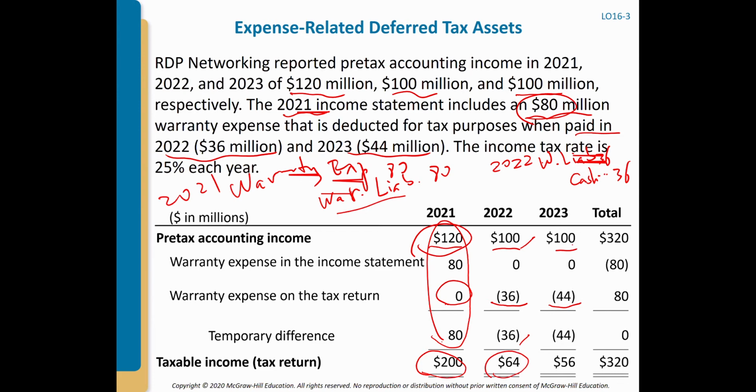In 2023, similarly, we're allowed to deduct an additional 44, so our taxable income is only 56. Makes sense, everyone, about this story?